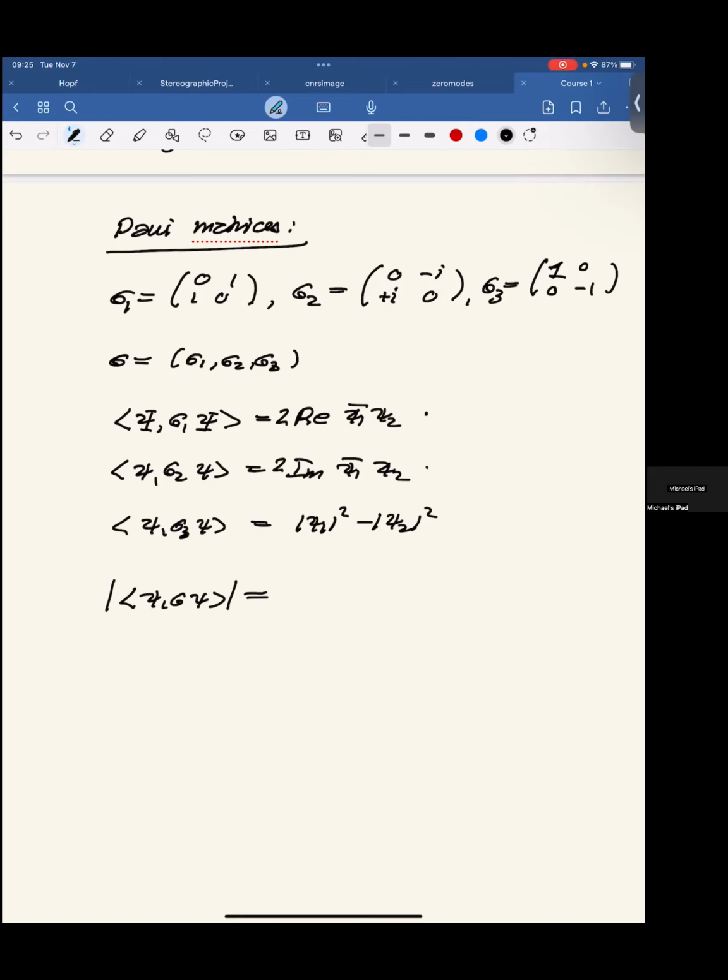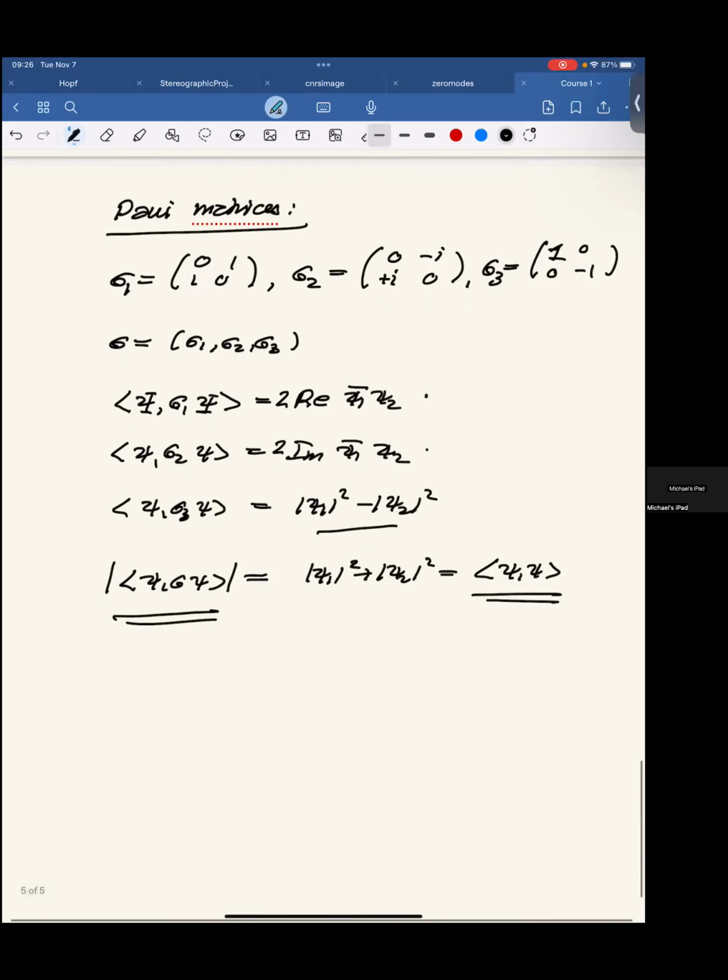What you notice is that from here you get a minus 2, from this you get a plus 4 in the cross terms, and that gives you in total a full square. So that's psi 1 squared plus psi 2 squared. So in other words, this is psi psi. So this relation is also kind of important.